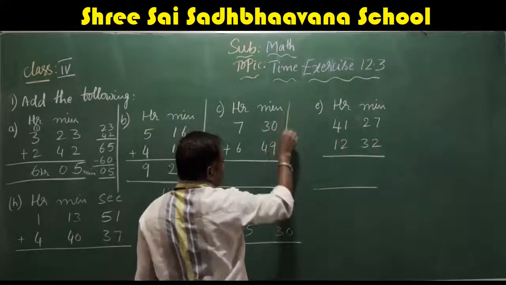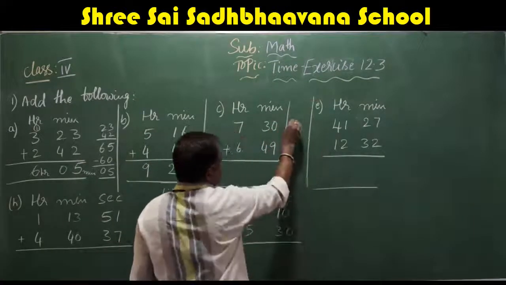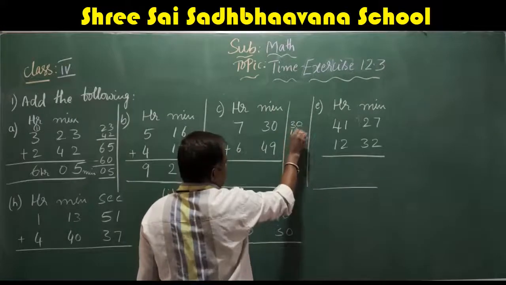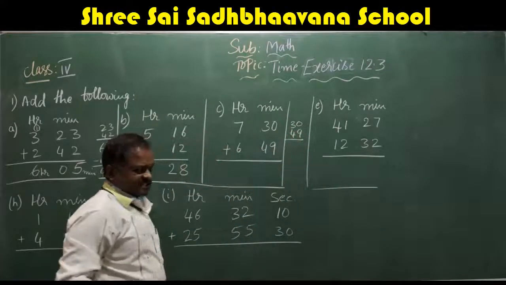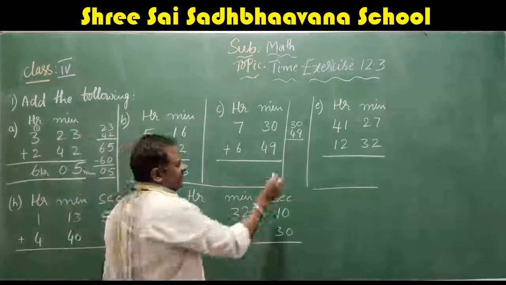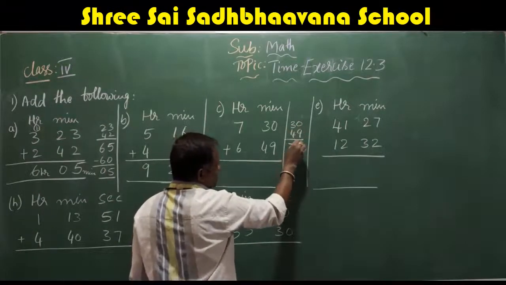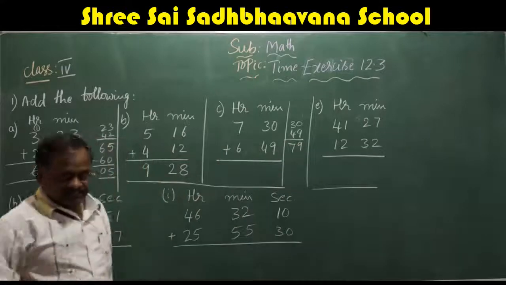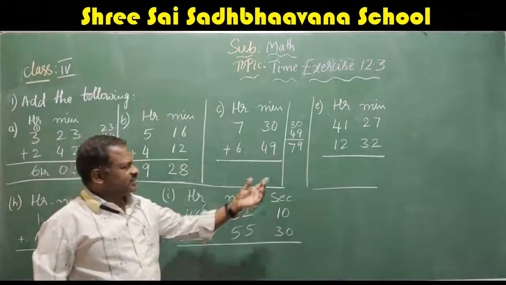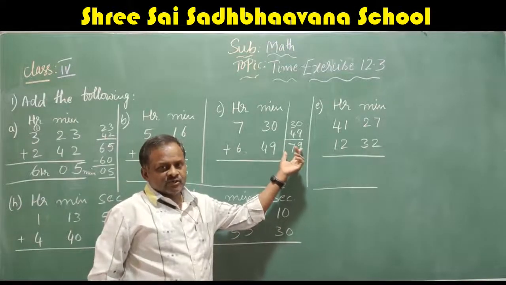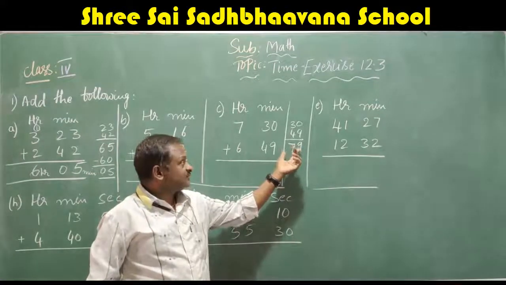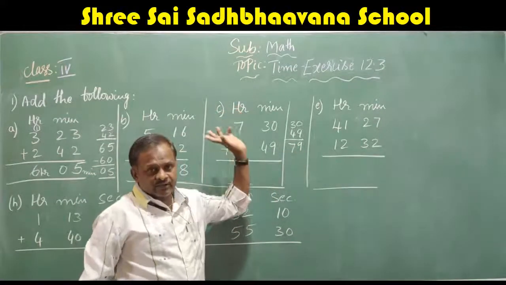Here we will take a separate column, 30 plus 49, because while adding you get more than 60. Add 0 plus 9, 9, 4 plus 3, 7. Now this is greater than 60, so you subtract 60 minutes from this. You take carry 1 hour to this side.